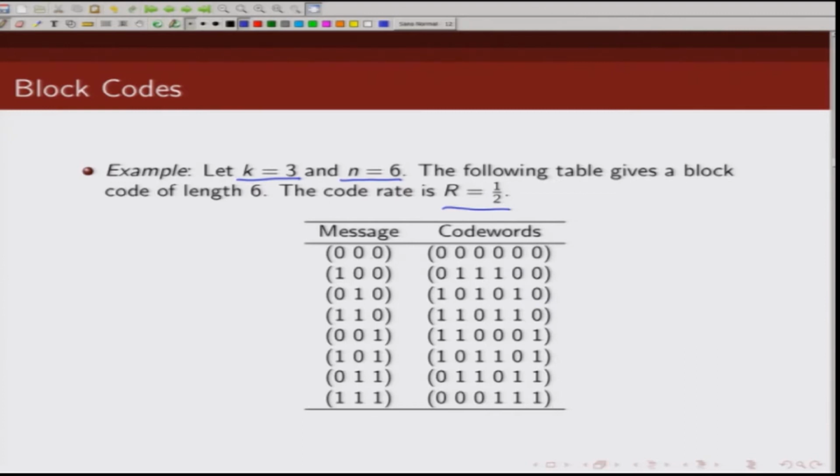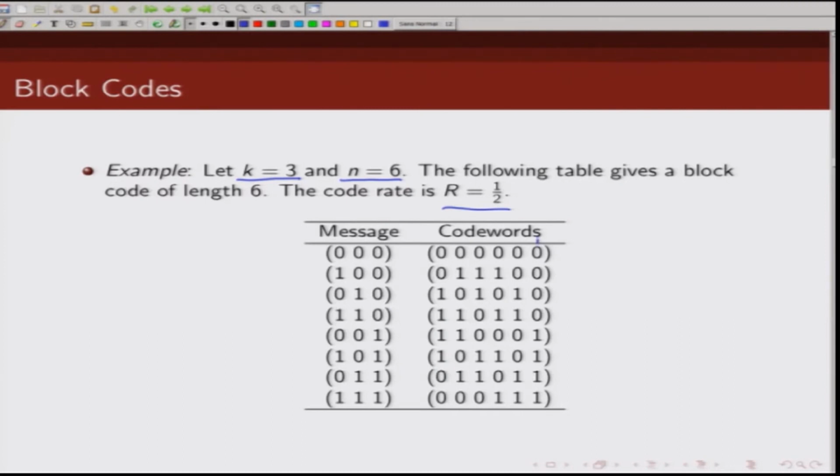Now 000 is mapped to the all-zero sequence, 100 is mapped to 011100, and likewise the other sequences have been mapped. Let us look at how we have found the parity bits for these code words. Let us look at each of the columns of these code words.